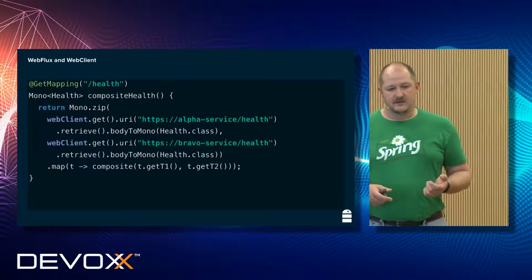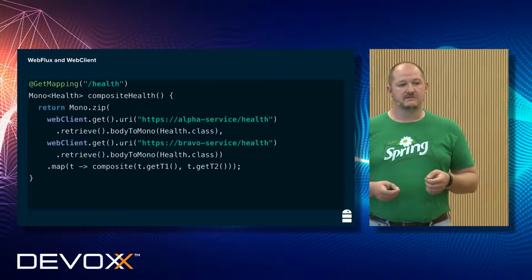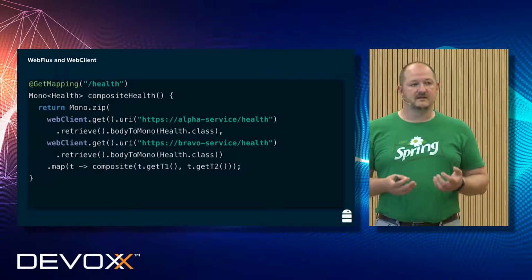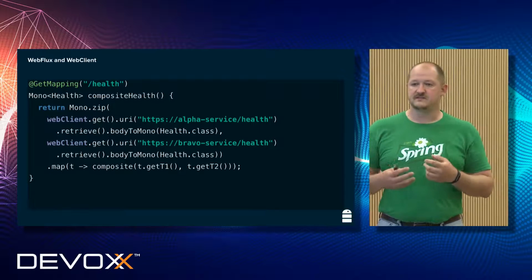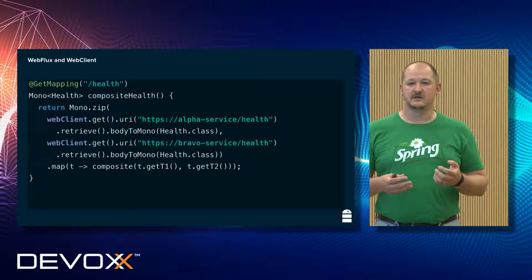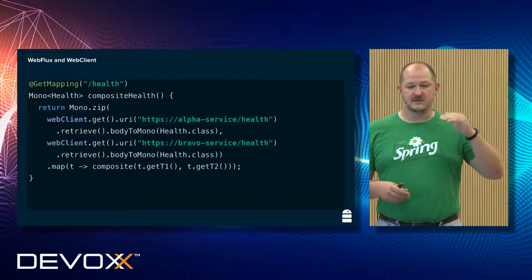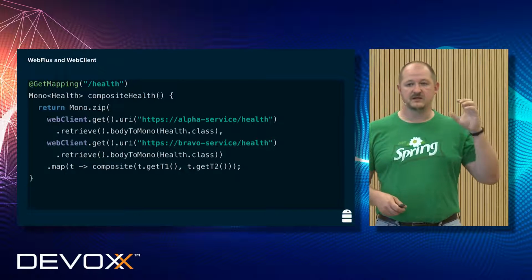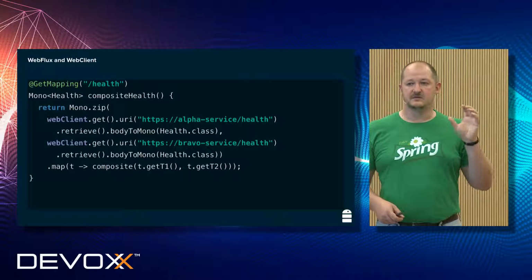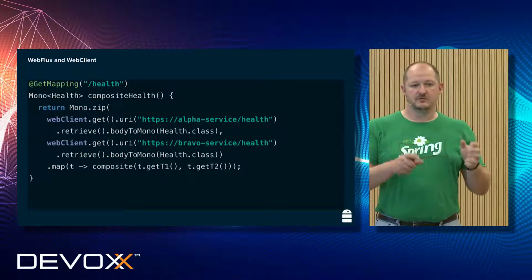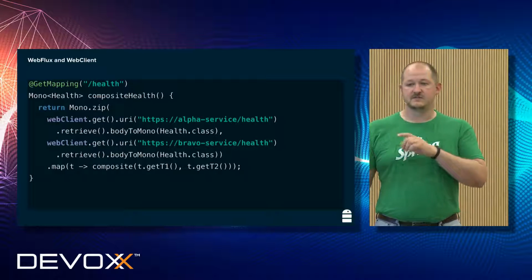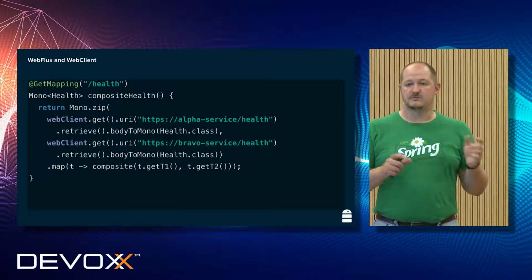Another aspect that comes with reactive programming is this declarative nature of programming. So we no longer recognize this piece of code as imperative style code, where we declare things to happen in an order, but rather we declare things in a recipe way: okay, dear web client, issue a GET request to the Alpha service, issue a request to the Bravo service.